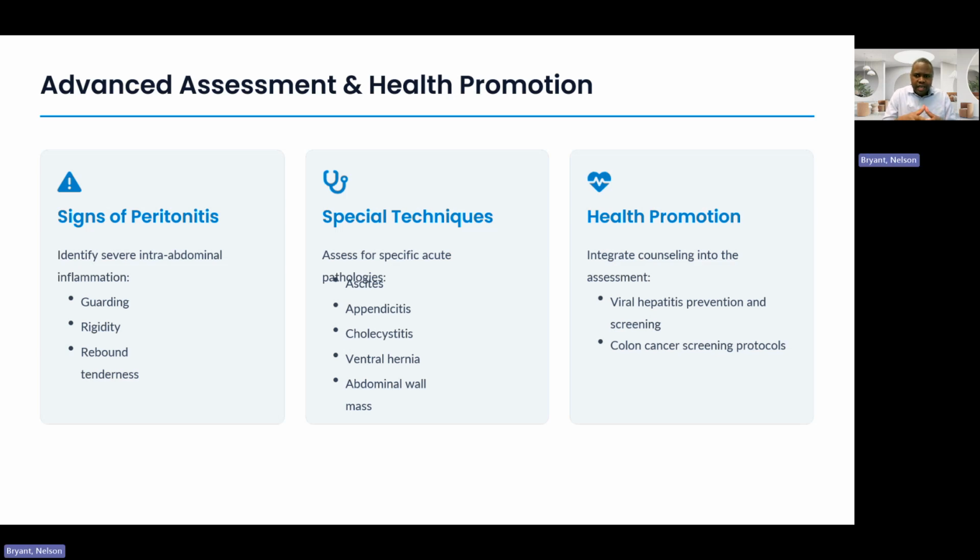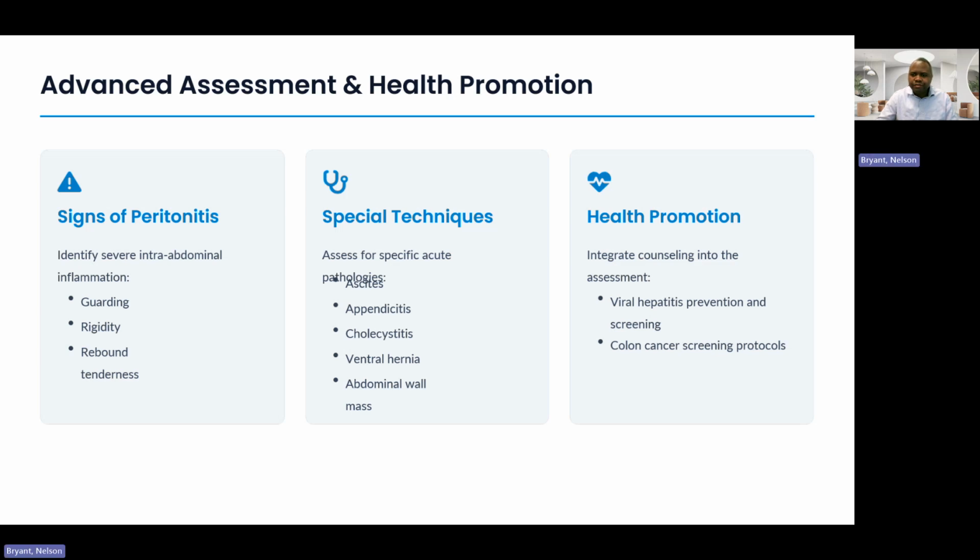So recognizing the signs of, for example, peritonitis is a very critical clinical skill. For example, when you are assessing voluntary guarding, rigidity, and any rebound tenderness, which may signal severe abdominal inflammation. In addition, you should also be familiar with some special techniques to assess specific conditions, like shifting dullness for ascites.